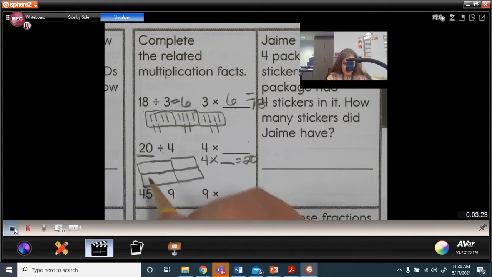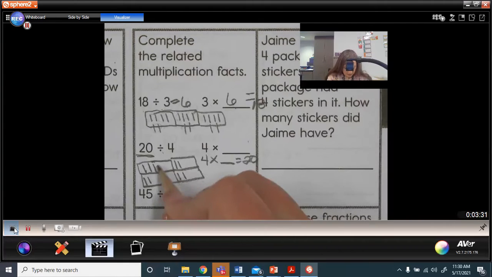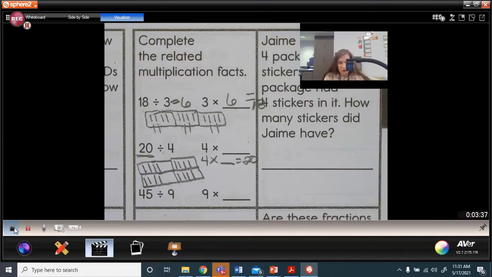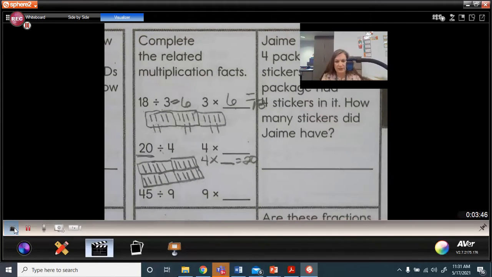So again, I could count by 2s. 2, 4, 6, 8, 10, 12, 14, 16. Okay, now I'm getting close to 20, so I'm going to go by singles. 17, 18, 19, and finally 20.